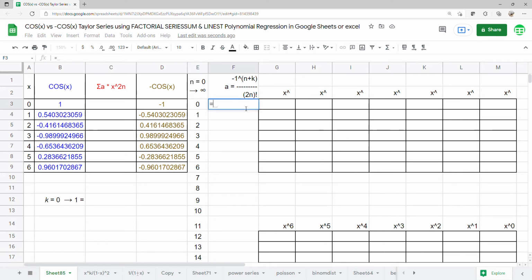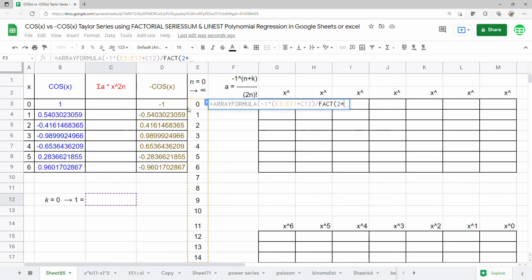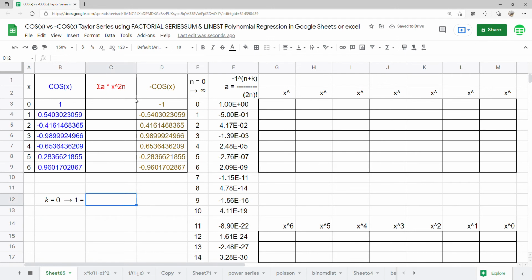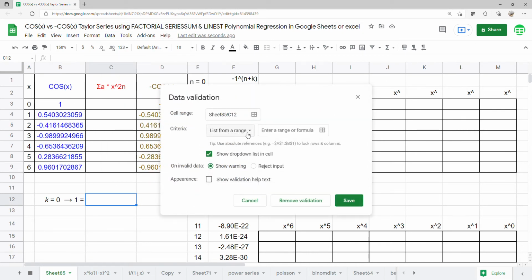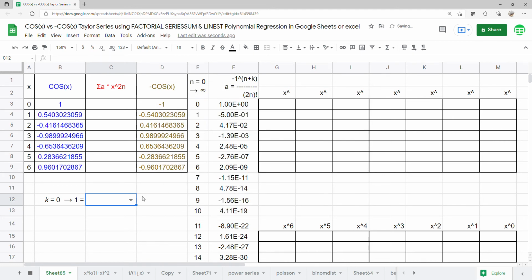So this will be array formula, minus 1 raised to the power the quantity n plus k, divided by factorial 2n, 2 times n, and enter. And the value of k is data validation, list of items, 0 or 1. 0 if it is cosine, 1 if it is negative cosine.